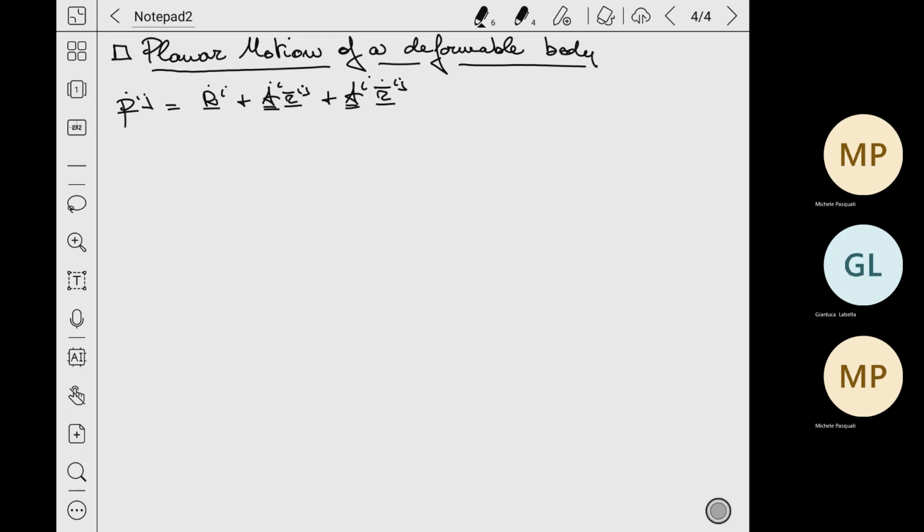And this eventually can be written as such, as we already know.